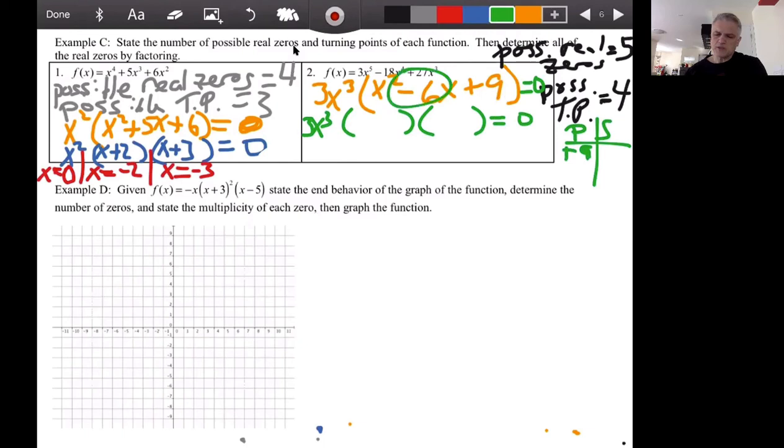And the sum is going to be negative 6. All right, so what times what gives you positive 9 but adds to negative 6? I think this one's pretty straightforward. I think it's negative 3 times negative 3 gives you positive 9, and they add to negative 6. So I got x minus 3, x minus 3.